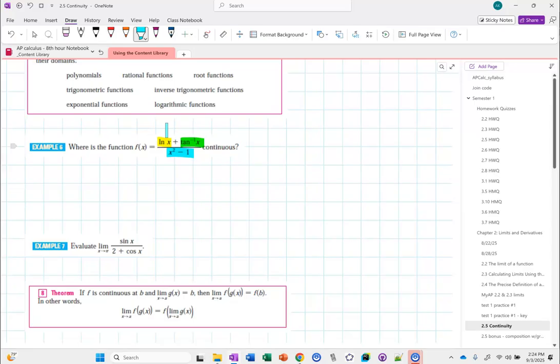So I know that the sum, difference, quotient, product, or scalar multiple of continuous functions is still continuous. So to figure out where that's going to be continuous, I just need to compare the domains of these 3 functions. And then account for one other thing, which would be a 0 denominator.